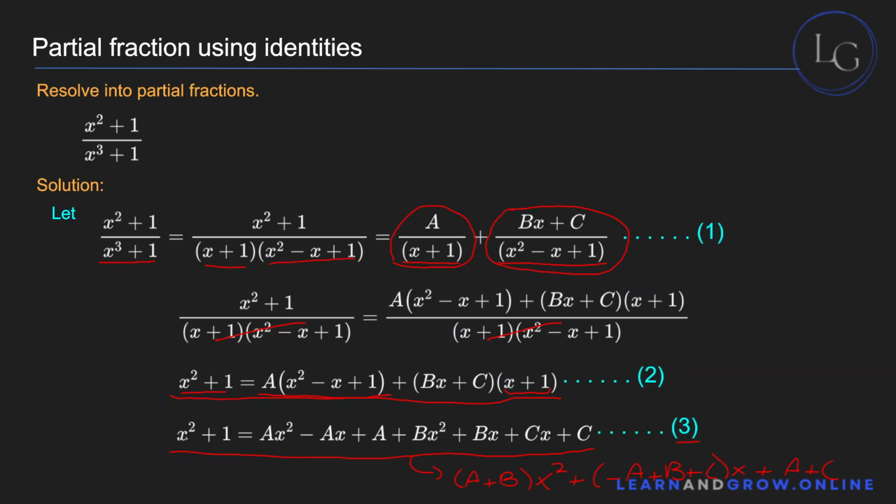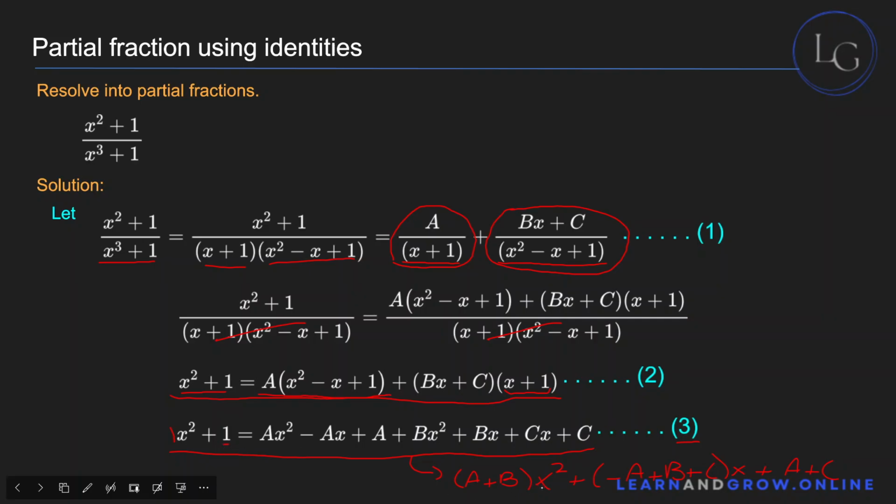Now on the left hand side, the coefficient of x squared is 1 and there is no expression for x, so the coefficient of x is 0 and you have this 1.